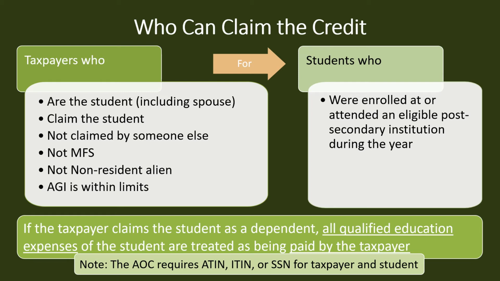So if we have a situation where taxpayers are claiming their student child and the student child made some contributions towards their educational expenses, then it's the parent who is claiming the child who gets to claim the credit. And then just a special note, again, with our American Opportunity Credit, it's going to require an ATIN, an ITIN, or a Social Security number for the taxpayer and the student.